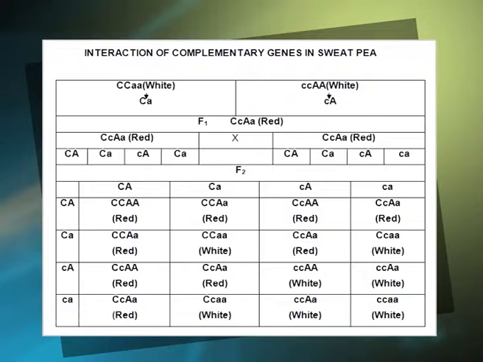From the above experiment, it is to be noted that red flowered sweet pea plants with both complementary genes C and A were in 9 progenies, whereas white flowered sweet pea plants in which either of the complementary genes C or A is present are 7 in number.